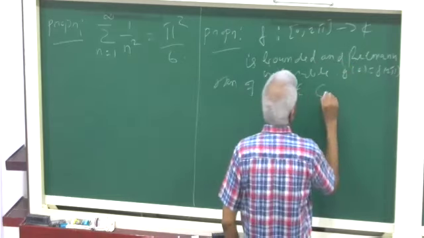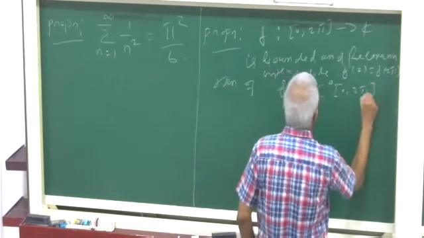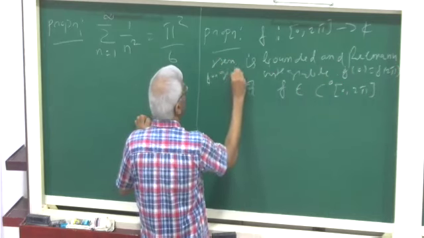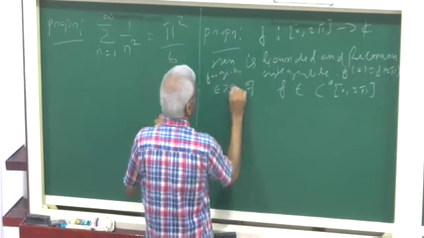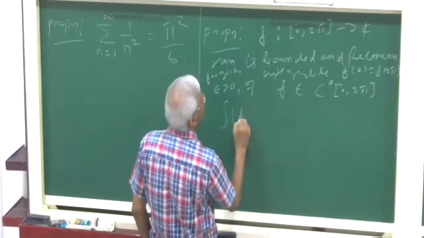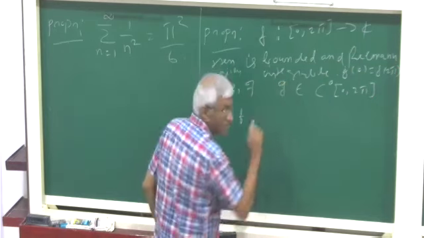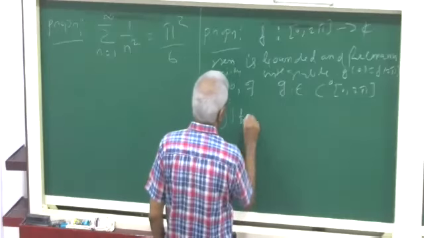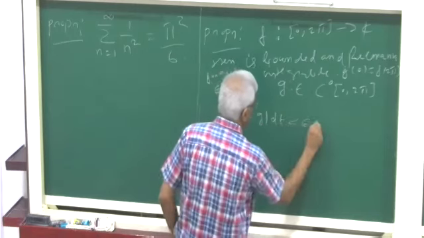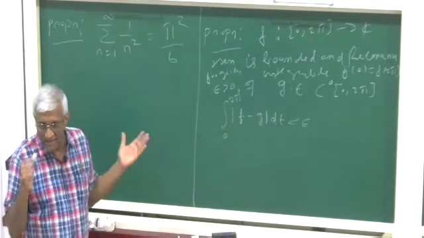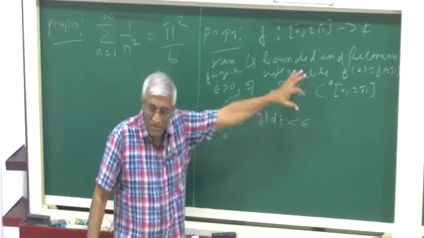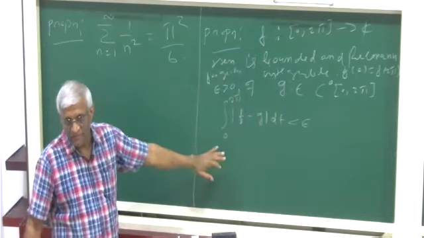Then in C0, right? Then given epsilon, there exists a continuous function g such that the difference is small. You can approximate a bounded Riemann integrable function by a continuous function for any given epsilon.